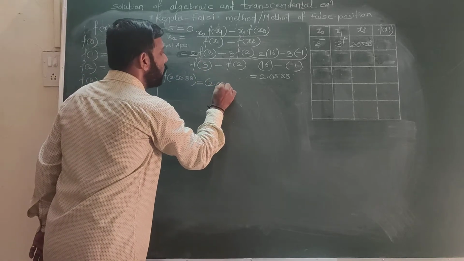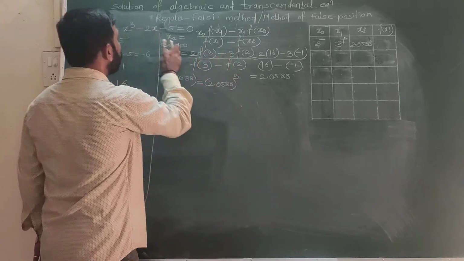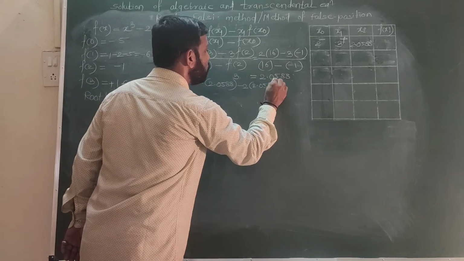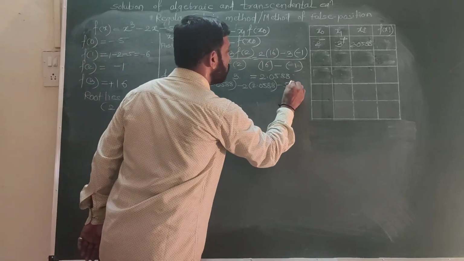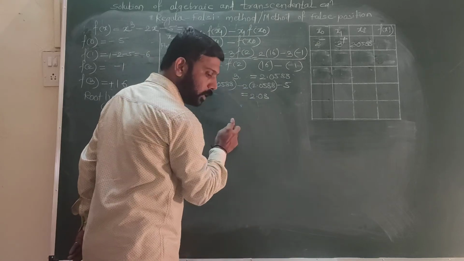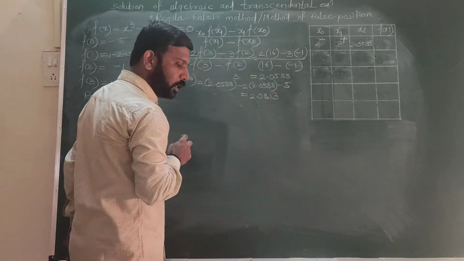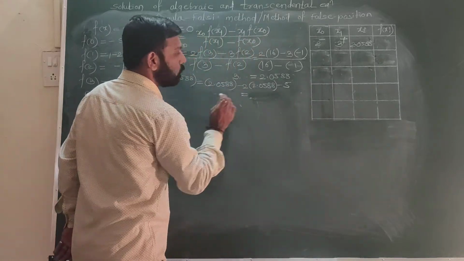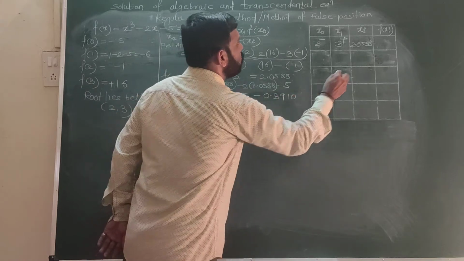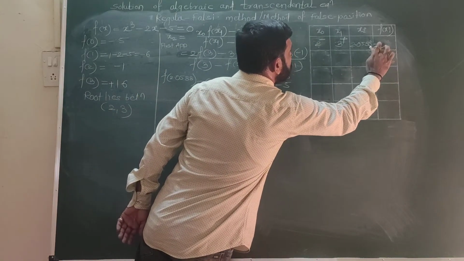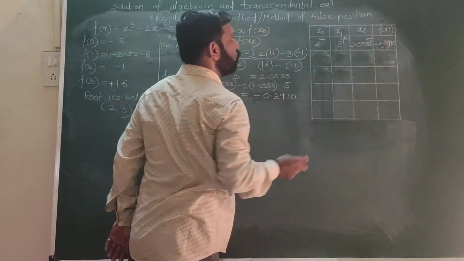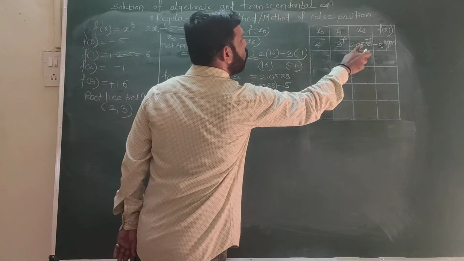The value we get is minus 0.3910, and that minus sign goes with 2.0588.